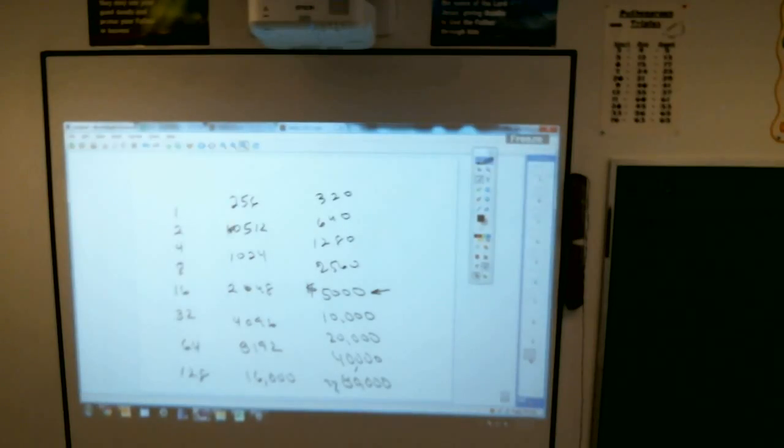Sixteen is 150 feet squared and 50 feet of molding. 17 is 2 to the 7th power.